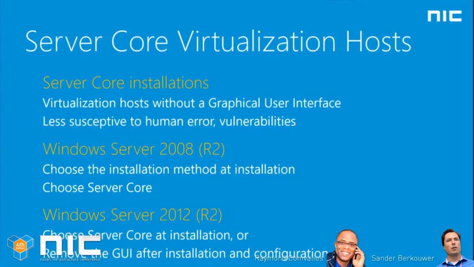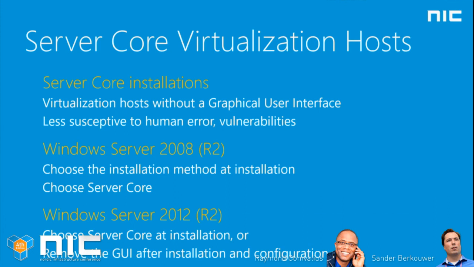Well, one of the things that you could do is use server core virtualization hosts in Hyper-V. So I tell my customers that server core is great because you can't have click and miss admins, certified click and miss admins, MCSEs, just doing wrong stuff.